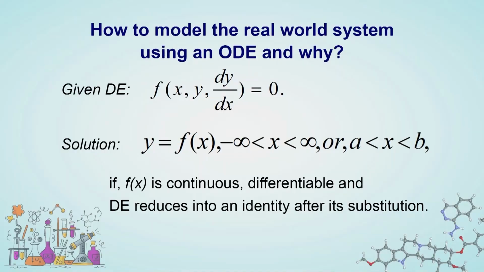Then what will be the solution and how is the solution defined? Simply, this is the differential equation, xy dy by dx equal to 0, is the problem, or this is an ODE. Then what is the solution?